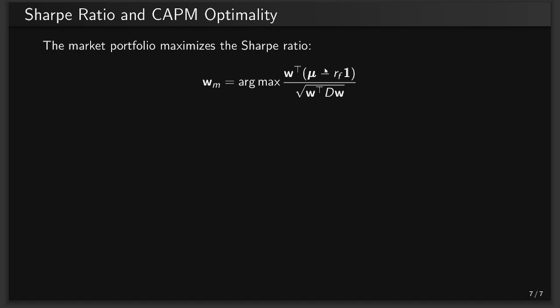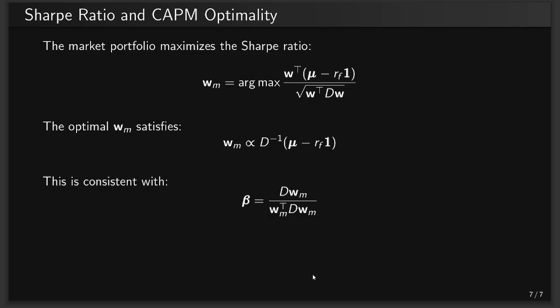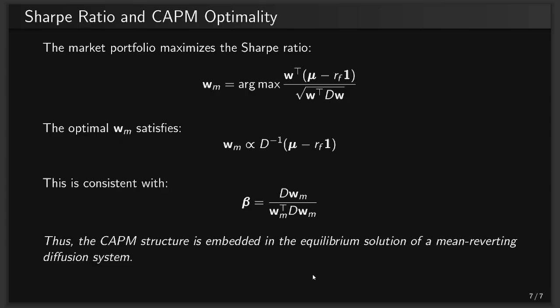We take the maximum value that this takes on, and that would be the best condition possible in modern portfolio theory for our construction. So the optimal w satisfies that it's proportional to the inverse of the covariance matrix times the expected returns minus the risk-free rate. And this is consistent with beta, our initial idea of beta.